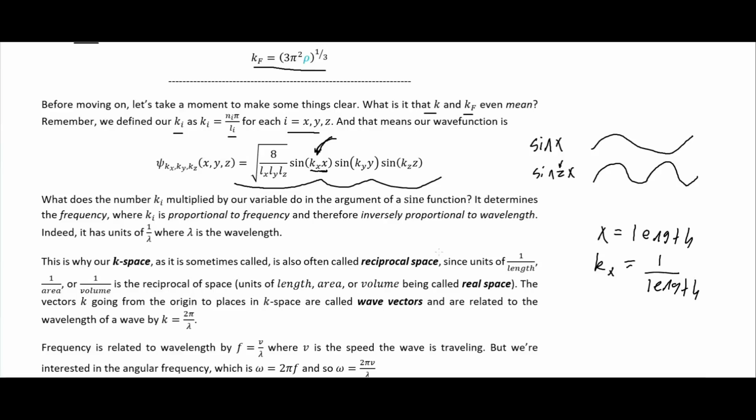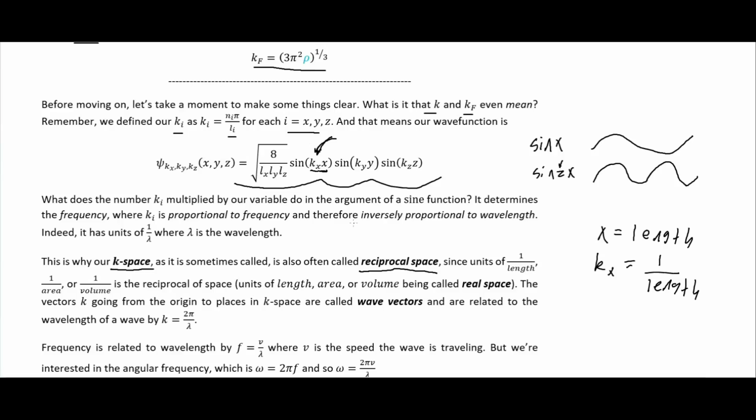And so this is often called k-space, which is actually what Griffiths calls it, and that's somewhat standard. So this k-space is sometimes called reciprocal space, since it has units of 1 over length or 1 over area or 1 over volume.